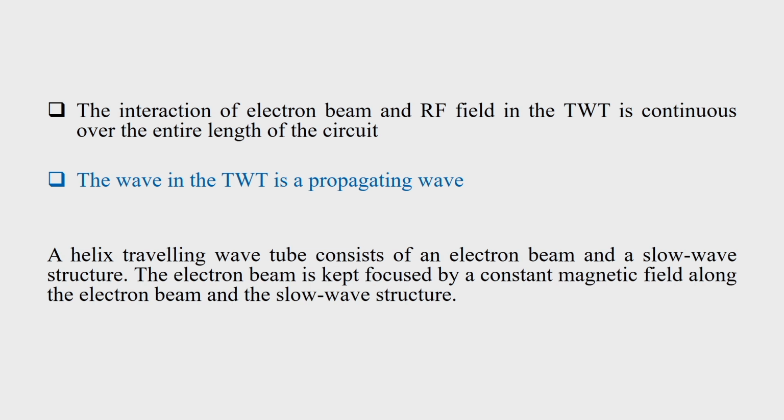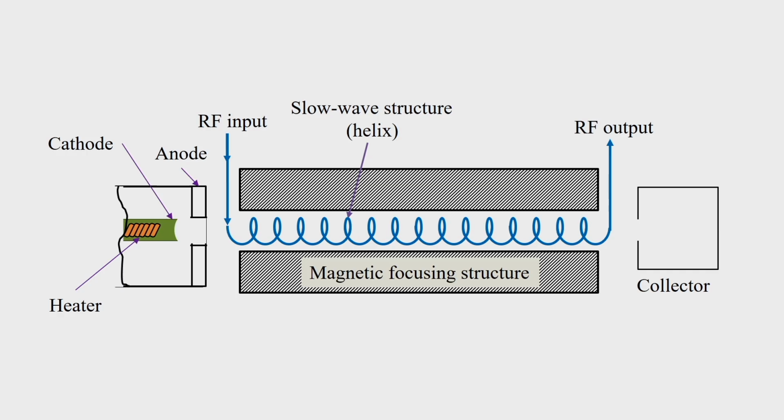So, we have a slow wave structure which is a helical structure, and an axial magnetic field is applied to keep the electron beam focused. So, the very basic structure of a helix TWT is shown. It has a cathode which emits electrons.